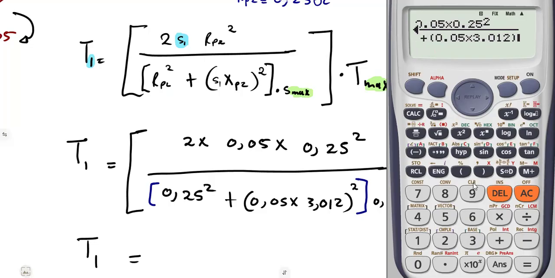You close it, then you square. But remember, there's a bracket that we opened previously at the starting point. We must close it at the end.